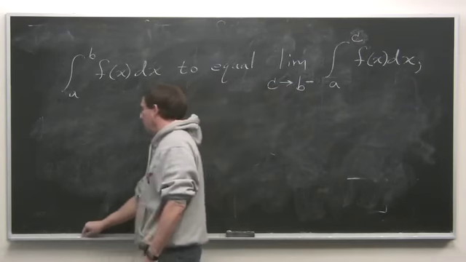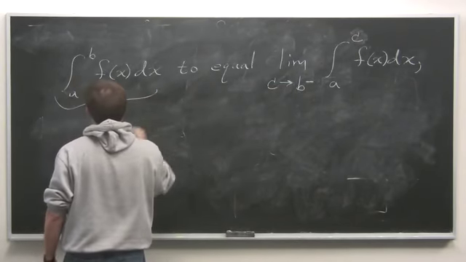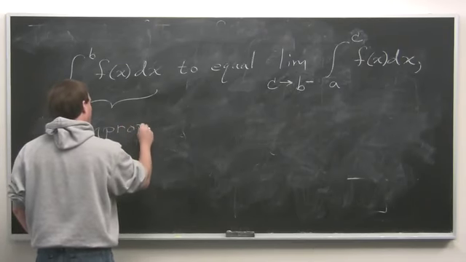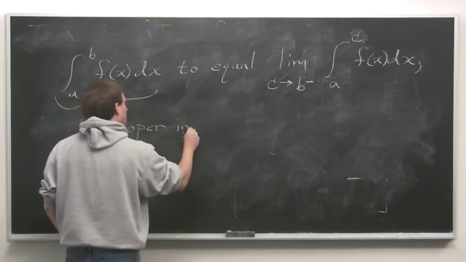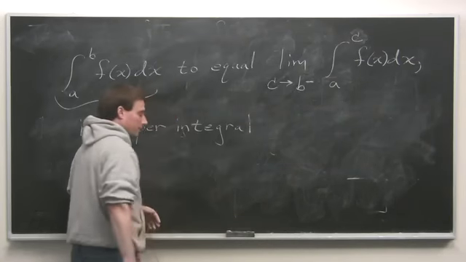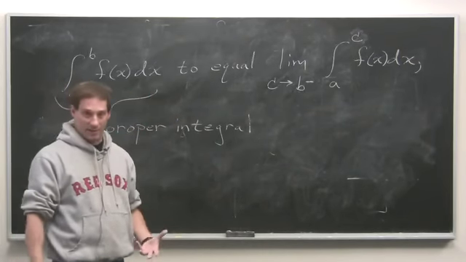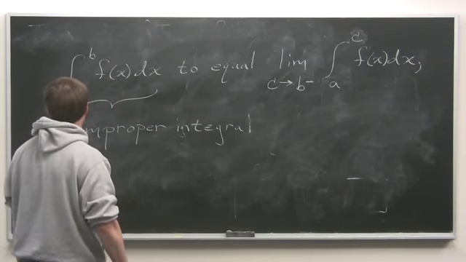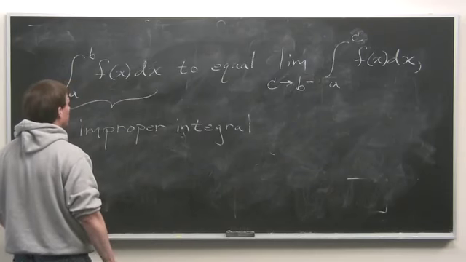So we say this is an improper integral in the cases where something bad could happen, where we have to take limits, where we couldn't use normal Riemann integrals.